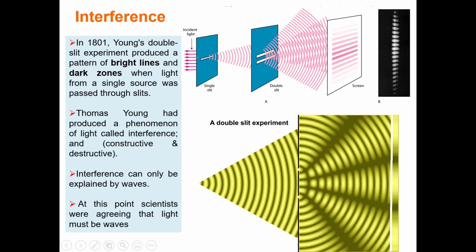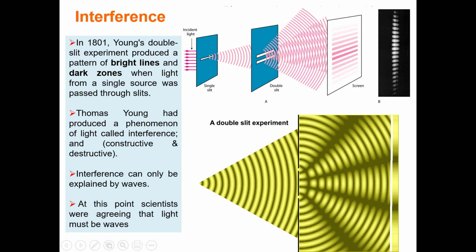He passed light through one slit. Then the same light passed through two slits, and what he observed was the interference pattern. Here we can see some bright lines and some dark lines.